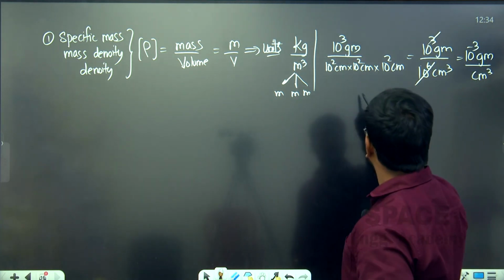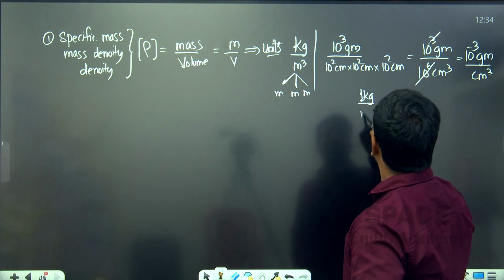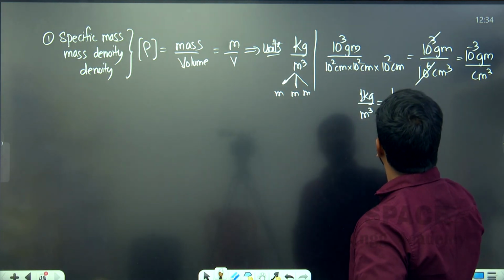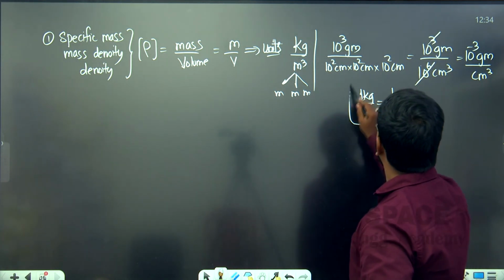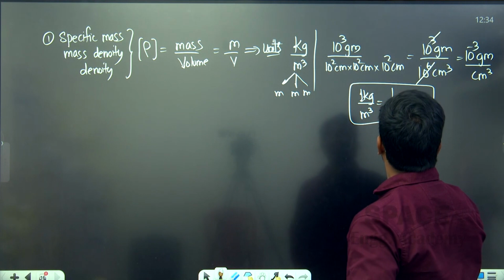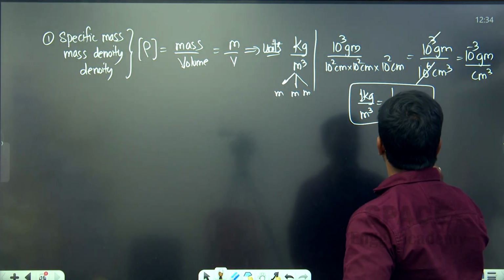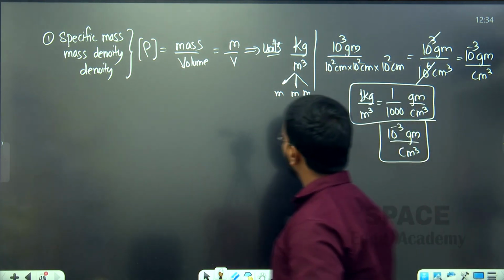So 1 kg per meter cube can be written as 1 by 1000th part of gram per centimeter cube, that is 10 to the power of minus 3 gram per centimeter cube.